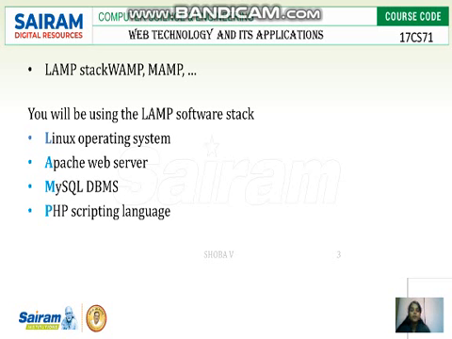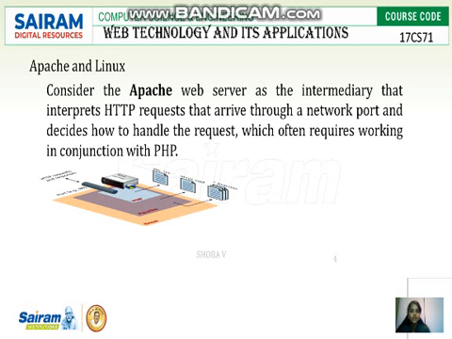WAMP and MAMP are also free and open source software. When we are using the Microsoft Windows family, WAMP is good for us. And MAMP is for Mac OS; when we go for Mac OS, we can go for MAMP software installation. And Apache and Linux.